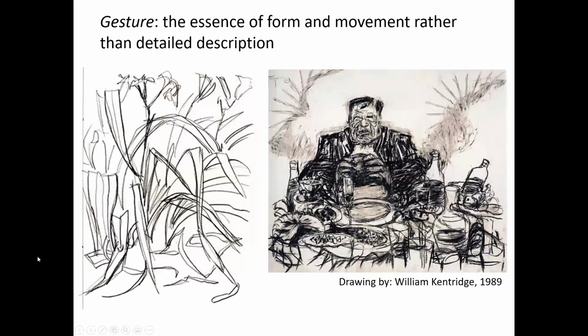And that idea of sketching is what we call in drawing the term gesture. So gesture is the essence of form and movement rather than a really detailed description of it. And gesture or sketching is the first step of that general part of drawing when we're doing general to specific. So it's really more quick. And the reason why it's quick is that's another way that we train our brain to really focus on what we see versus what we think we see.